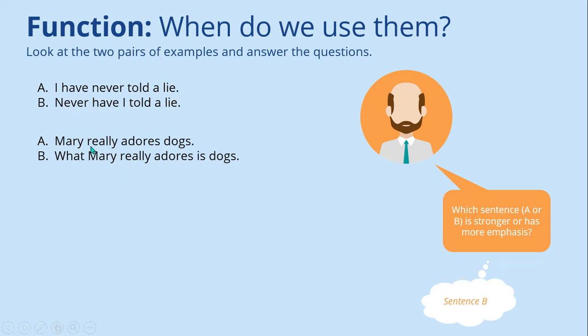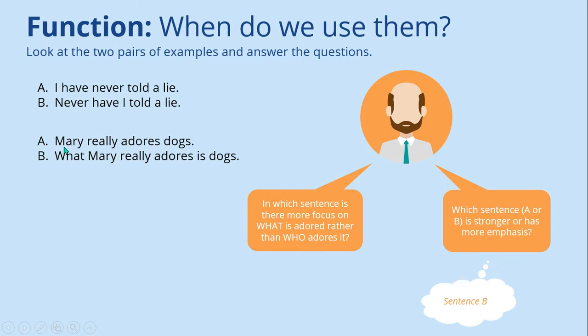Number two, look at sentence number two. A, Mary really adores dogs, and B, what Mary really adores is dogs. The next question is, in which sentence is there more focus on what is adored? Is it who adores or what?